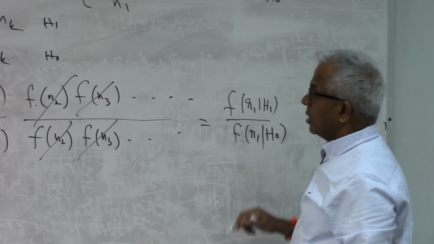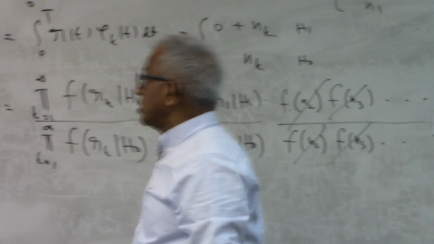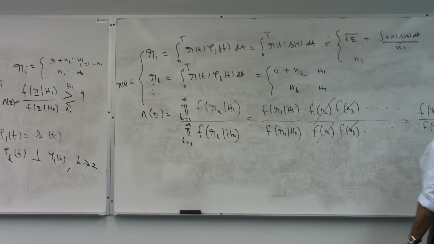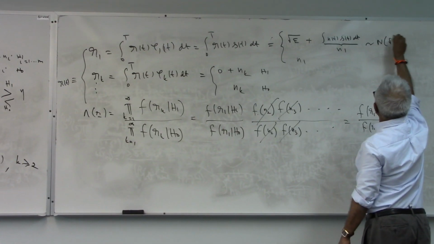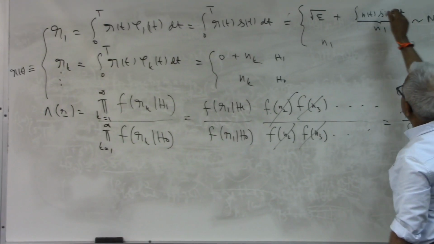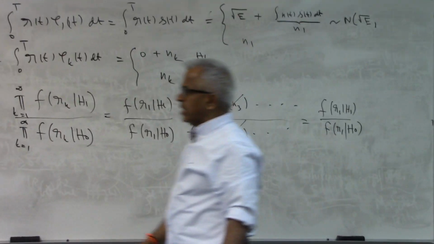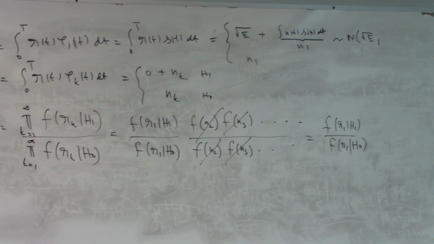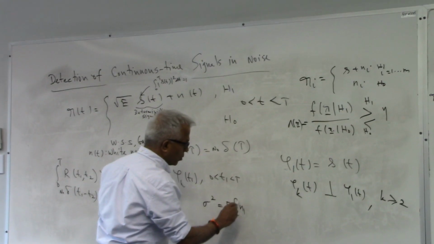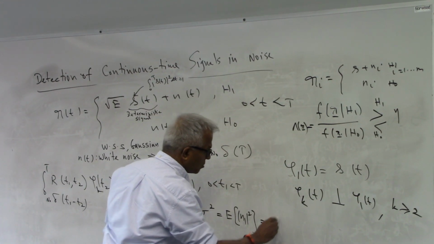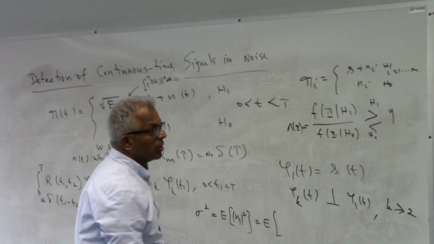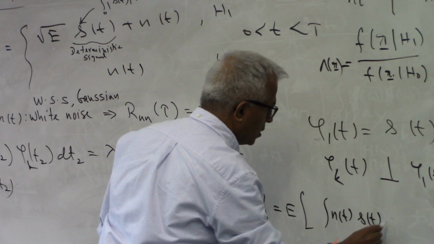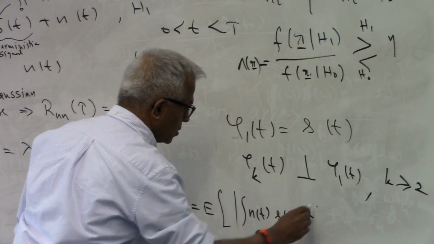So this will be Gaussian because the noise is Gaussian, with mean square root of E and some variance. Let's find the variance of that. If I call this sigma squared, that's the expected value of N1 squared. That's going to be the expected value of what is N1? The integral of n of t times s of t dt, squared.